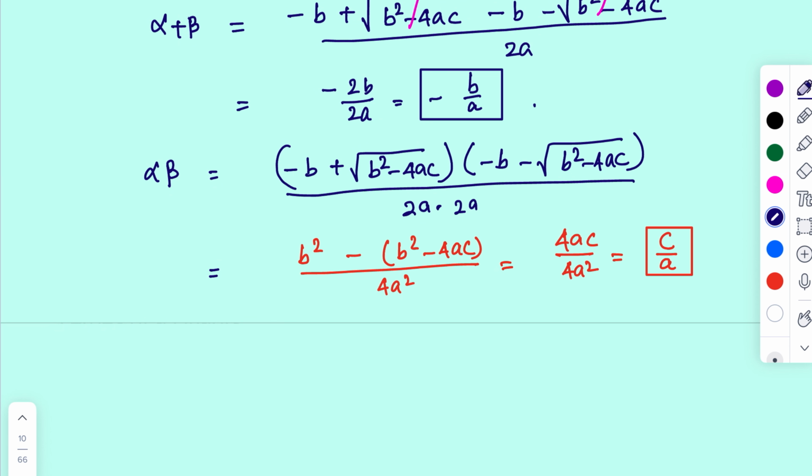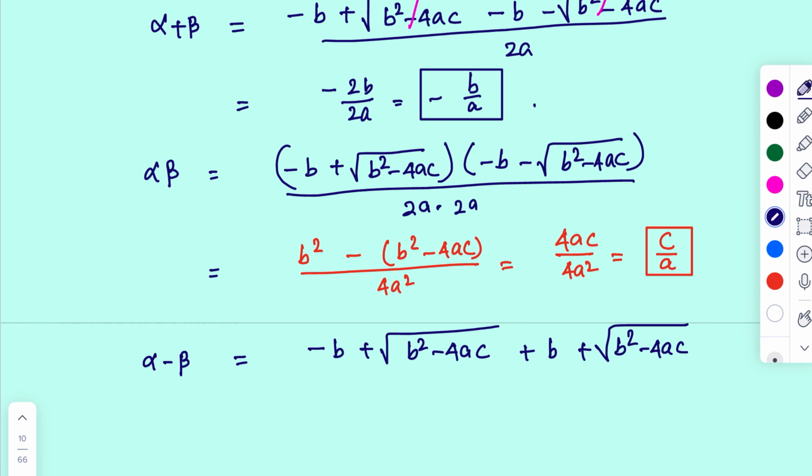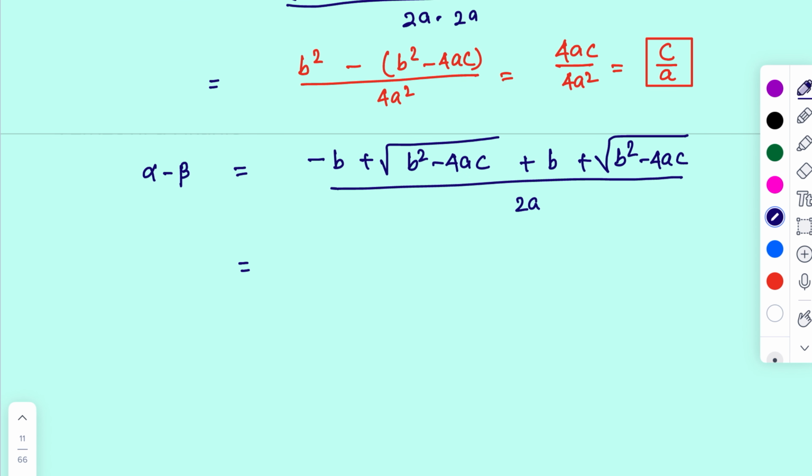Now another thing we can write also, it may be required, that is alpha minus beta. Alpha minus beta will be equal to minus b plus square root of b square minus 4ac, again that is plus b plus square root of b square minus 4ac divided by 2a as LCM. So this will be equal to now 2 times square root of b square minus 4ac divided by 2a, because this minus b plus b will be cancelled out.